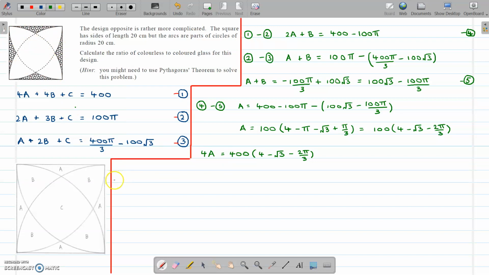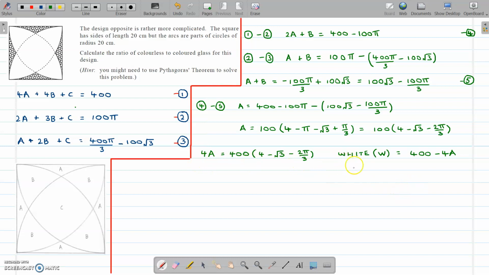So the white area, I'll call that W from now on, is equal to 400 minus 4A.